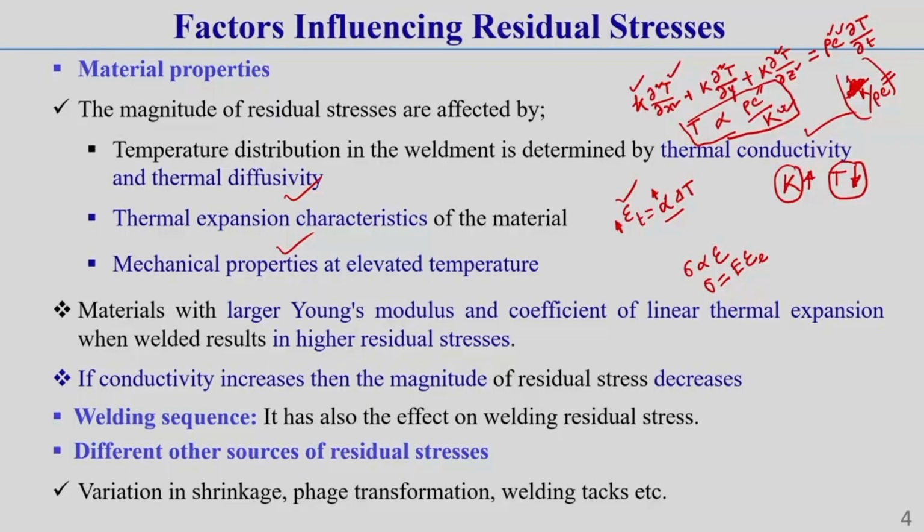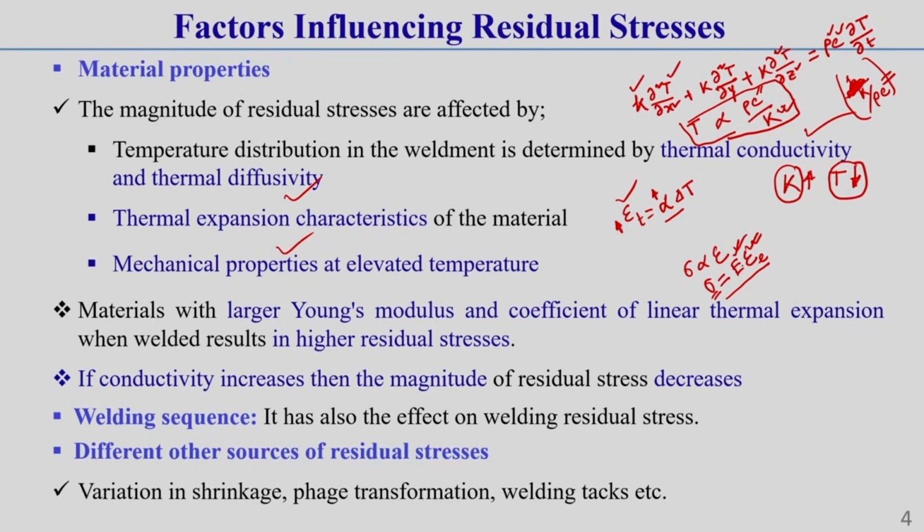In the elastic strain range, we follow Hooke's law, correct. Till the proportional limit, we follow Hooke's law. That is why, once we are able to find the elastic strain magnitude in this lock-in stress zone, you can easily find the stress value. Now, here this stress further depends on another parameter, that is Young modulus.